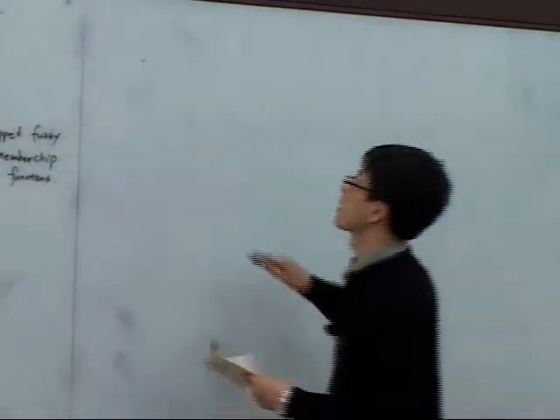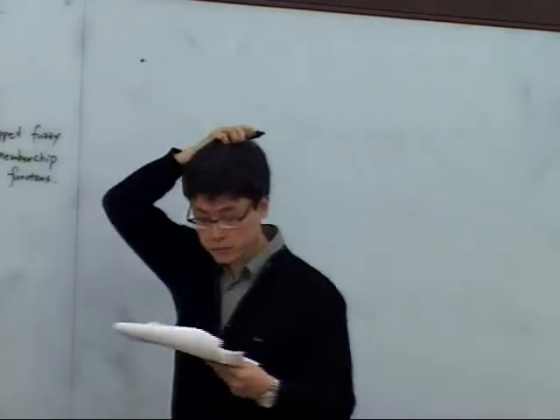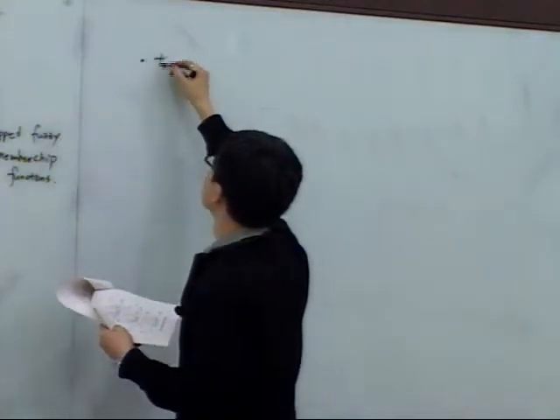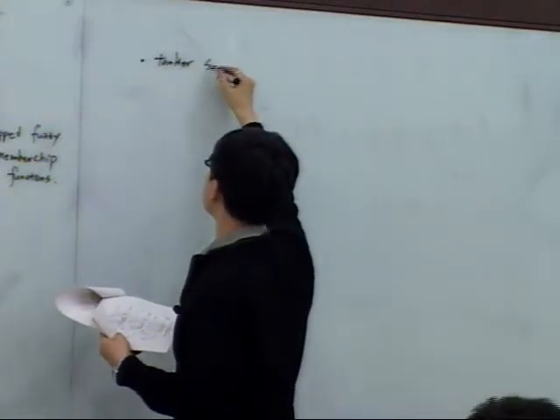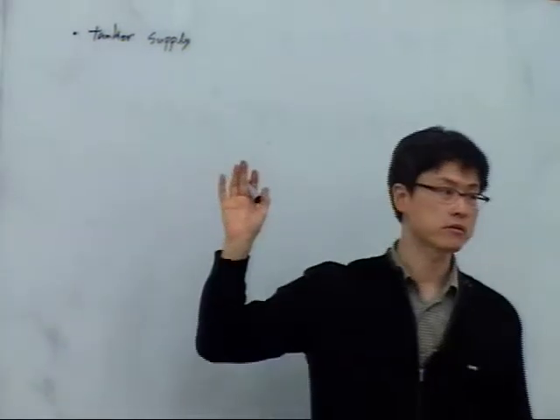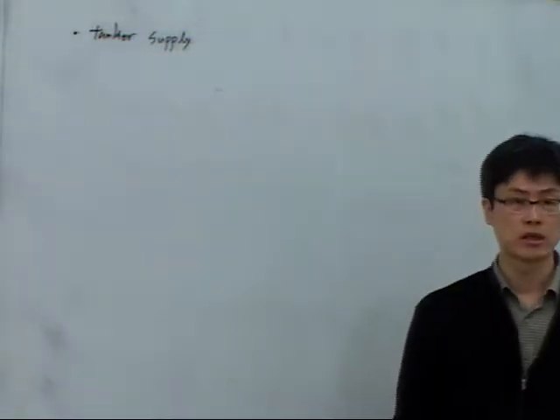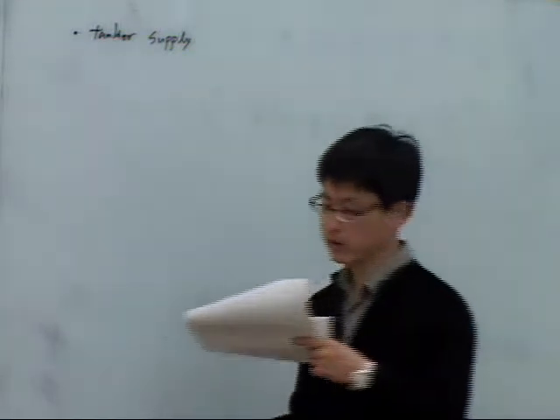Okay, there was one research project done, which is the forecast. In that specific project, the input was 2: tanker supply. You know what a tanker is? It's an oil carrier, crude oil carrier. So the input was tanker supply and tanker demand.